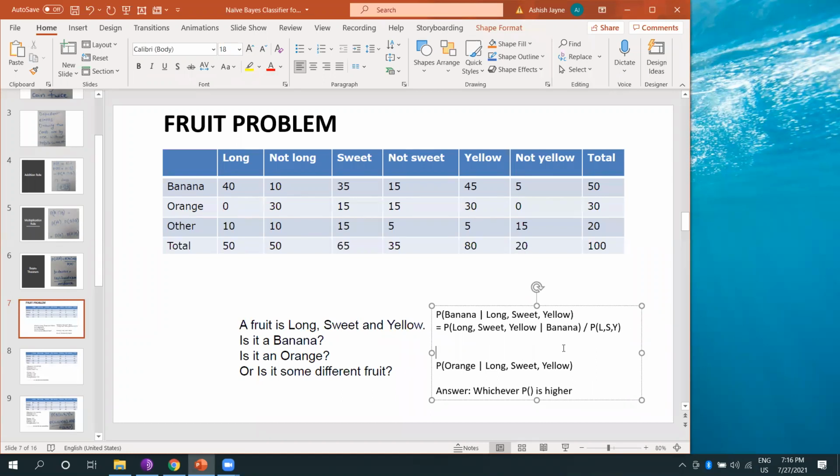Now, similarly, we would have to do it for P(orange), where the equation would be similar, except that in place of banana, we would have orange.